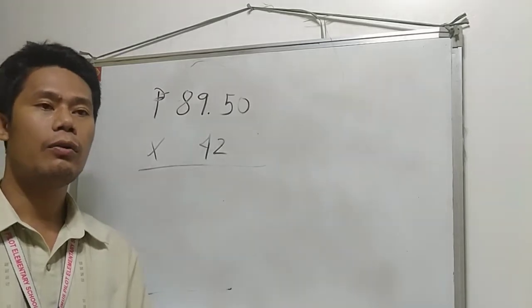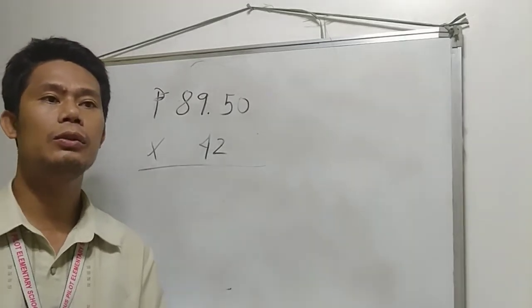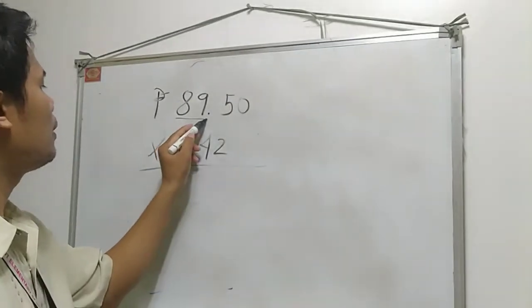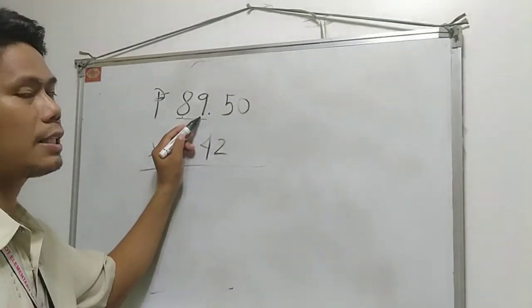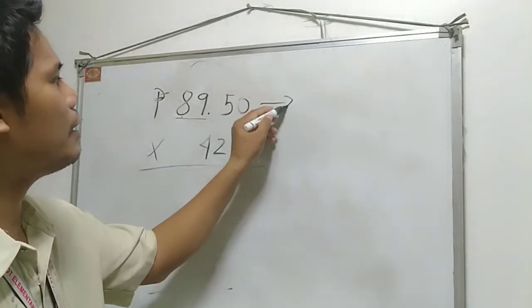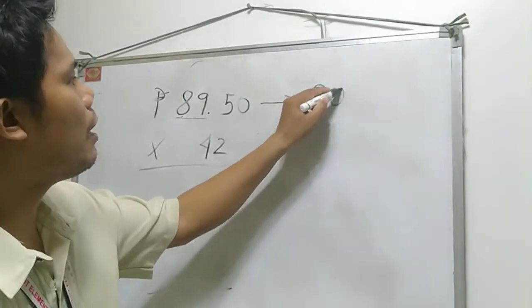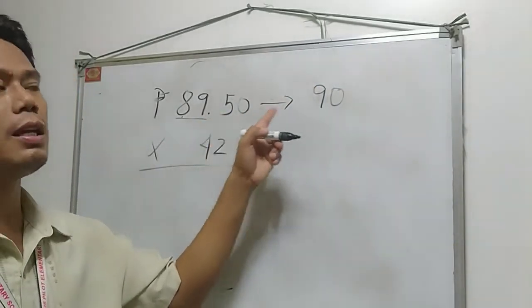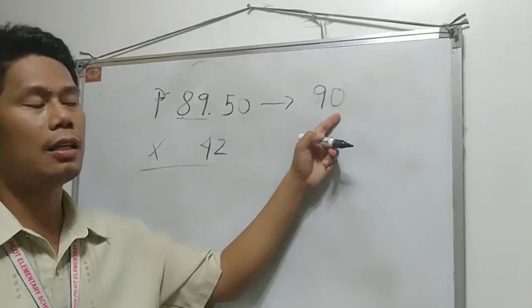Again, we are going to round off to the nearest whole number. So our whole number here is 89. So 8, then 9. So yung nasa right ni 8 is 9. That is why magiging 90 si 89. So instead of 89 pesos and 50 centavos, we make it 90.